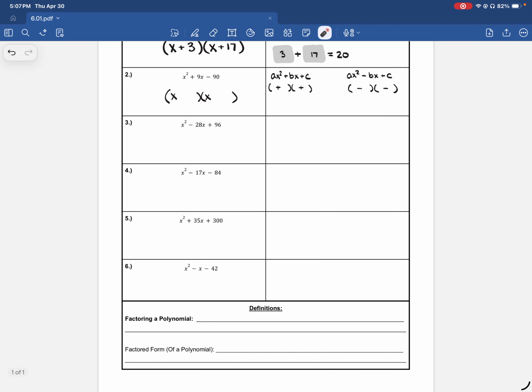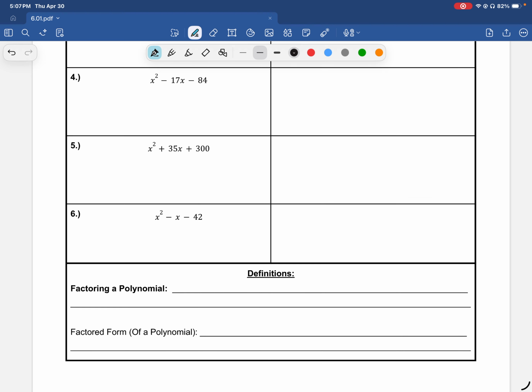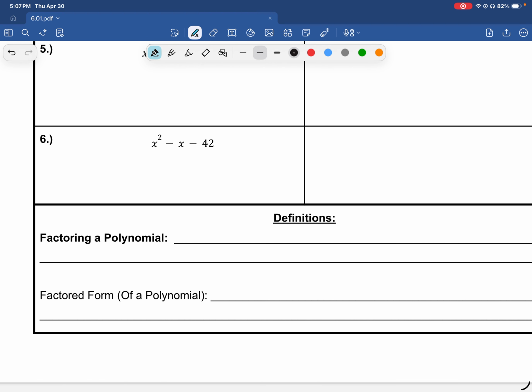Definition, factoring a polynomial. I'll go ahead and give you a little leg up on that.